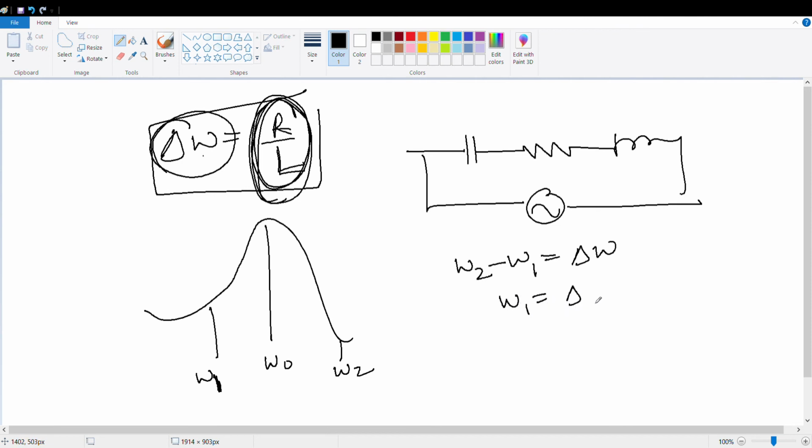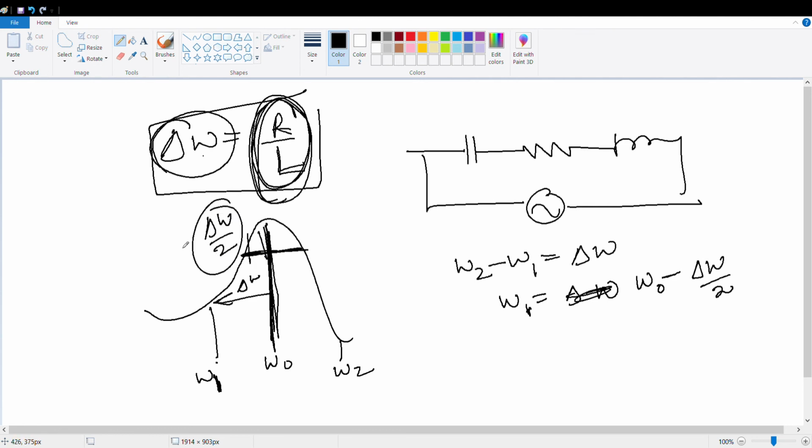W1 will be omega naught minus delta W by 2. Why? Because this whole thing is delta W, and this half is delta W by 2. Yes or no?